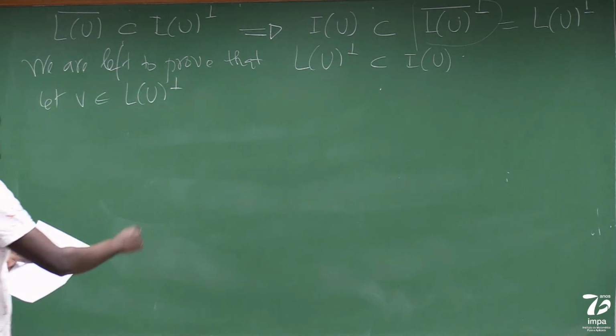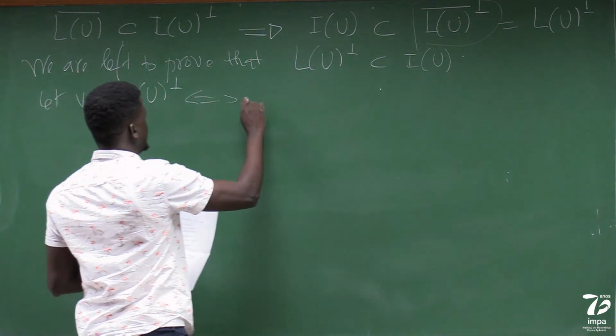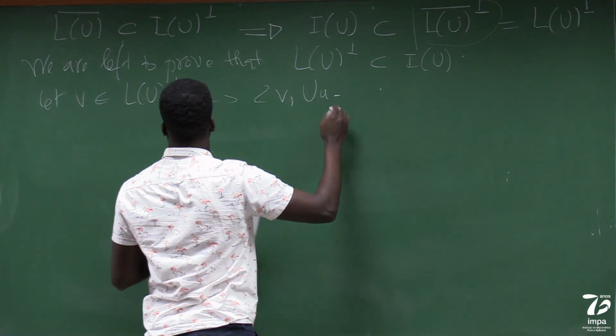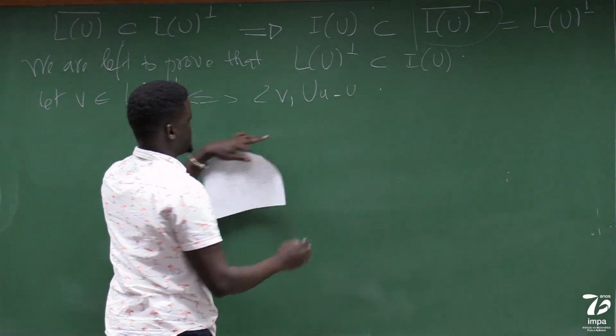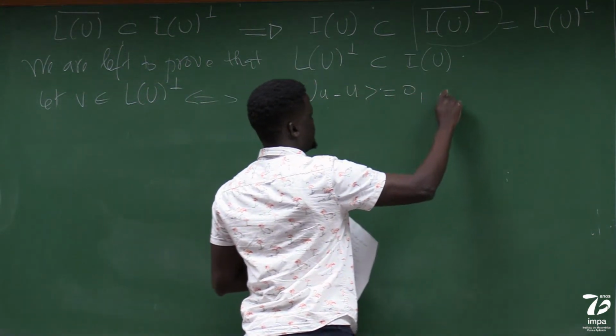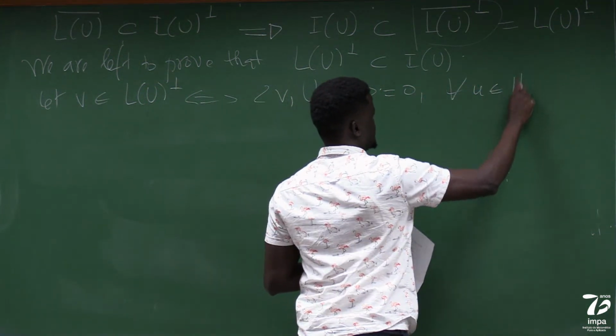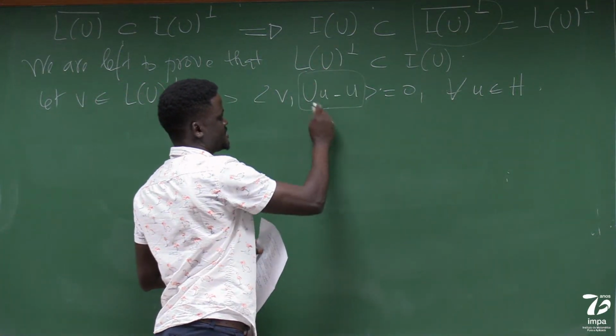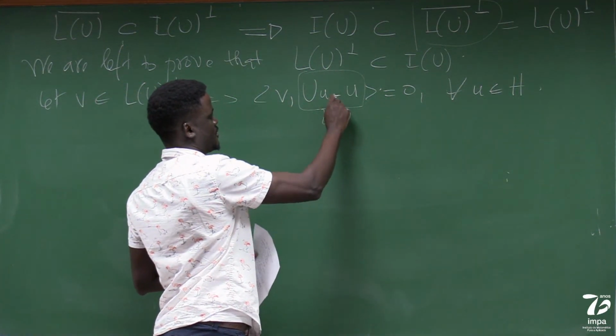What does this mean? This means that <v, U u minus u>, where this is the image, equals 0 for all u in H. Because this is the image, this is L_U, this is an arbitrary point in L_U.